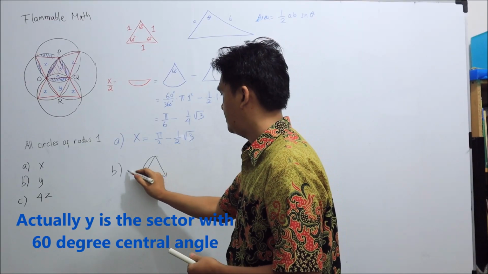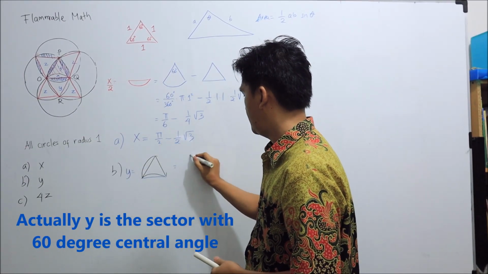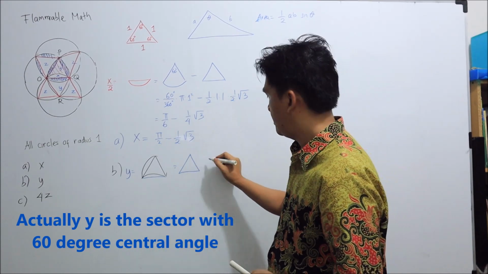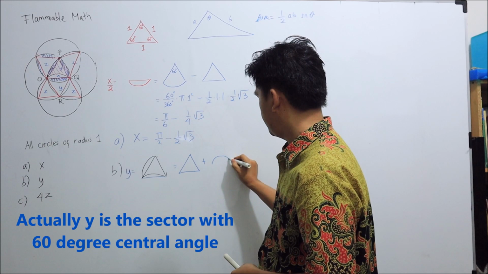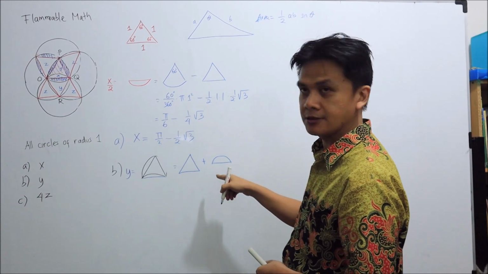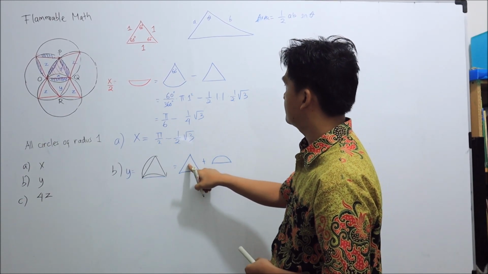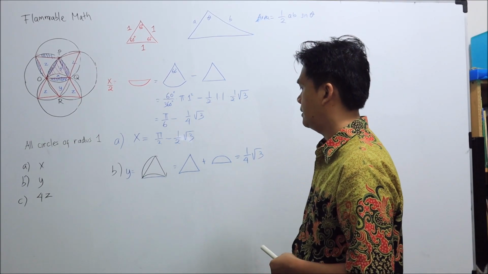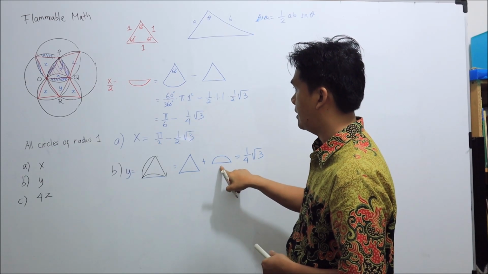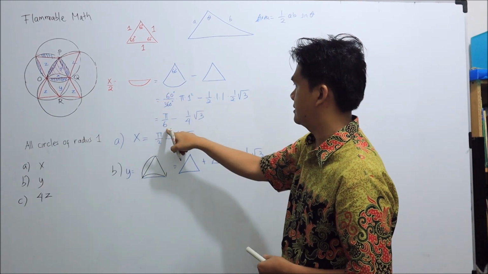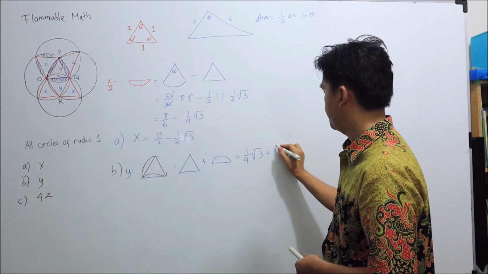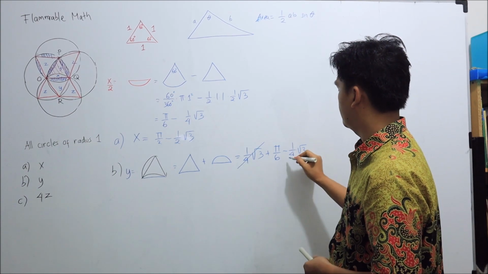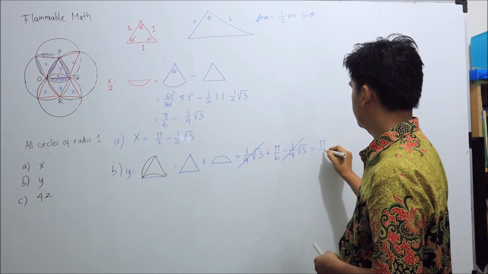So Y is the area of the equilateral triangle plus the area of the circle segment. We have calculated this, which is 1/2 square root of 3, and we have also calculated that one, which is pi over 6 minus 1/4 square root of 3. The 2 cancels, so we have pi over 6.